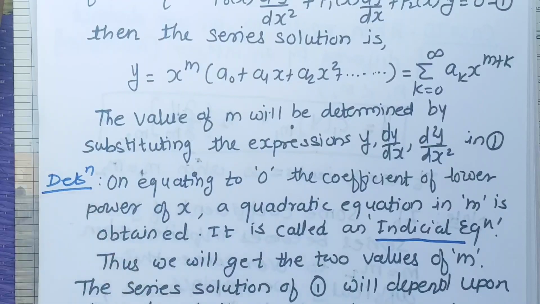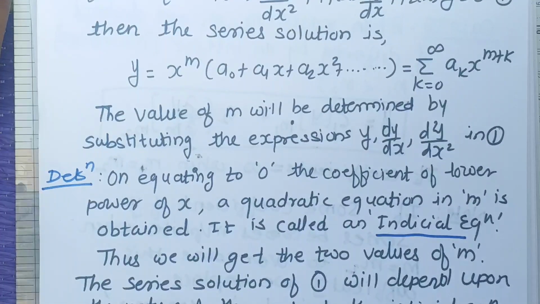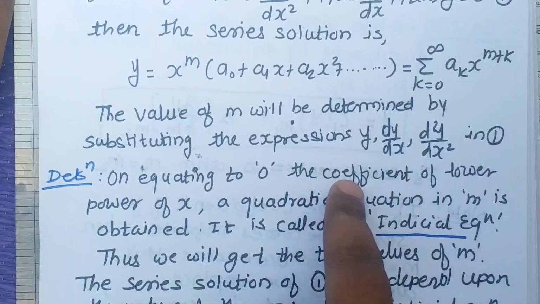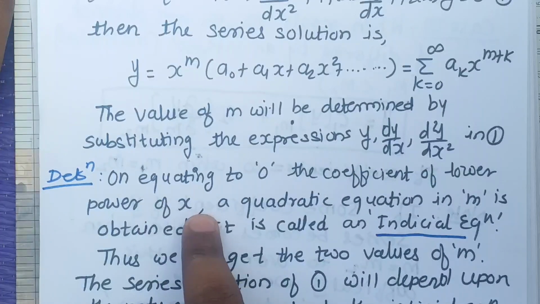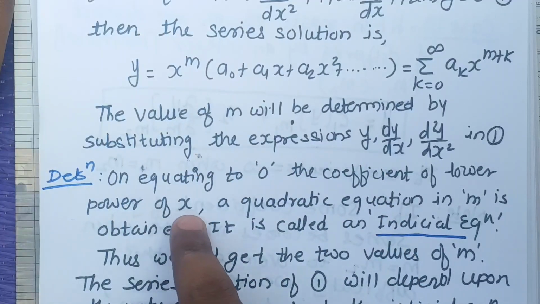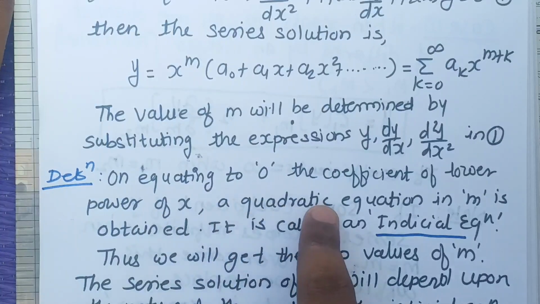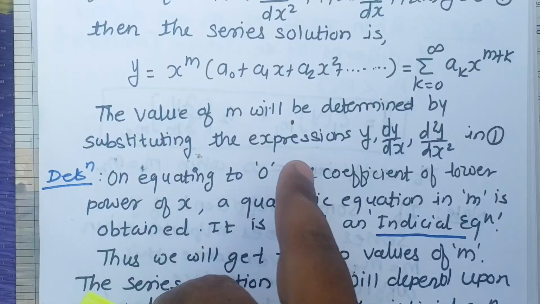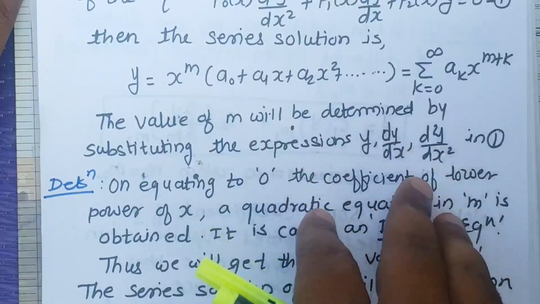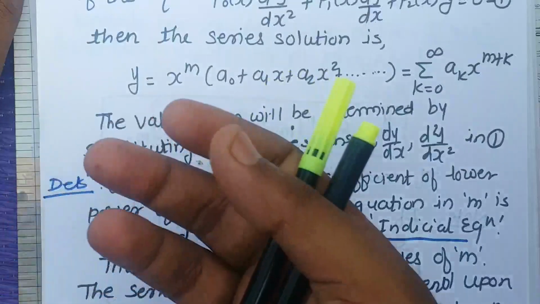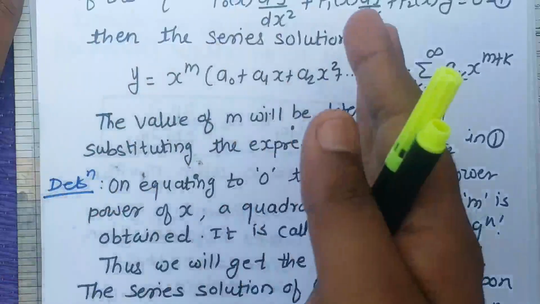For that, this definition we are going to discuss. On equating to 0 the coefficient of the lowest power of x, a quadratic equation in m is obtained. After putting the values of these derivatives in equation 1, we will get one infinite series.